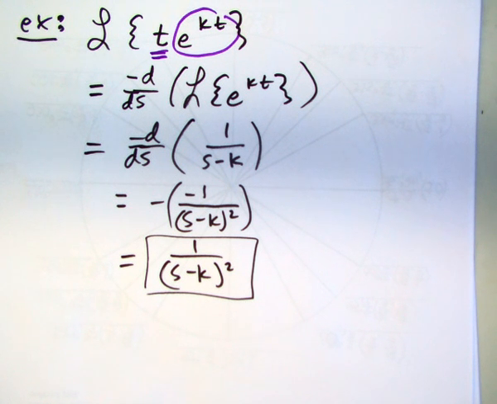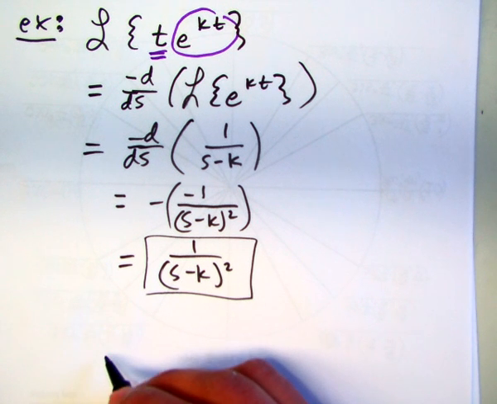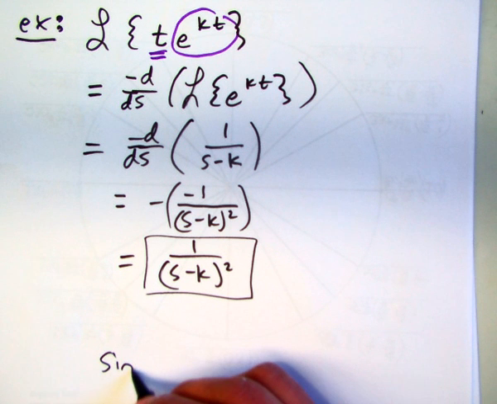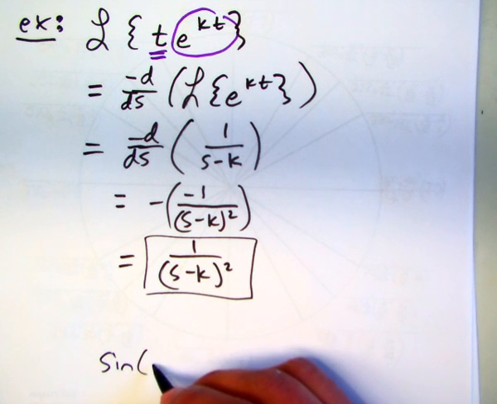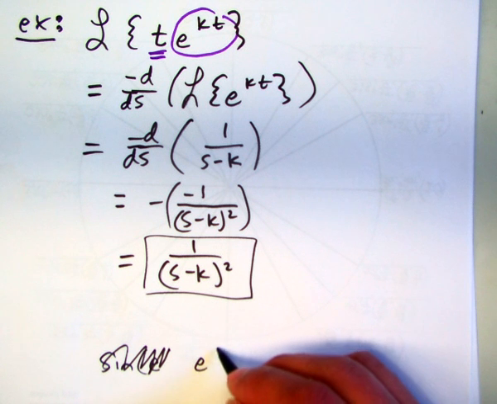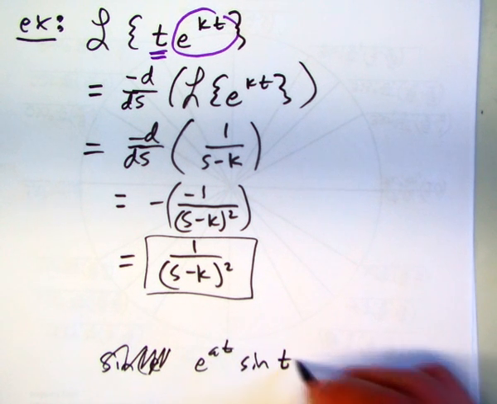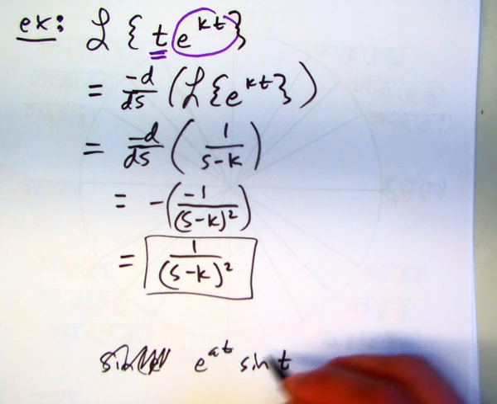What do you do if you have something like, we combine the first translation theorem and this one? Okay, give me the problem. So if you have something like e to the at and then sine of t, and then everything times t.